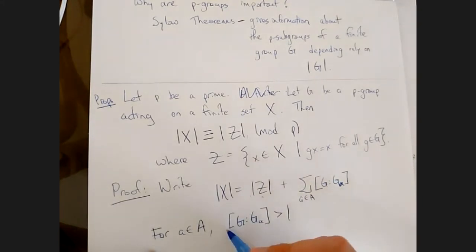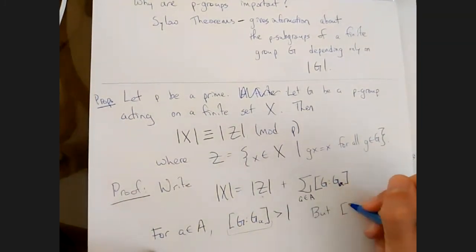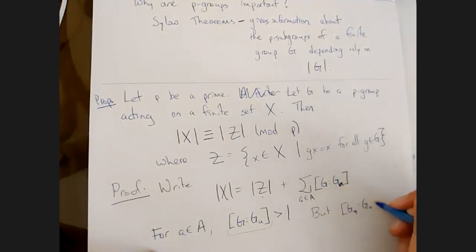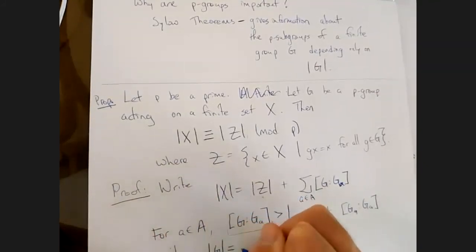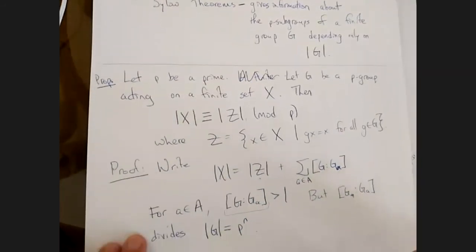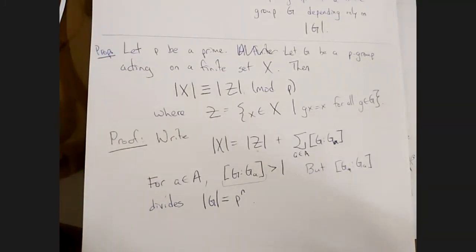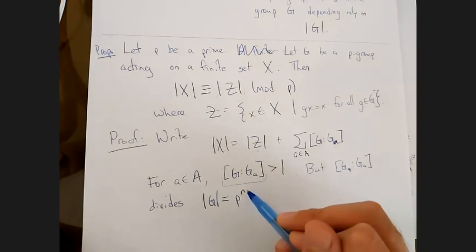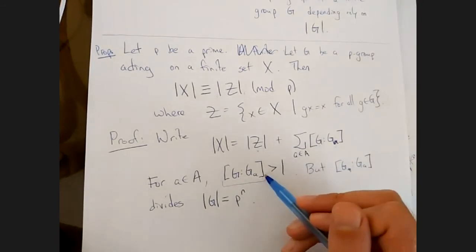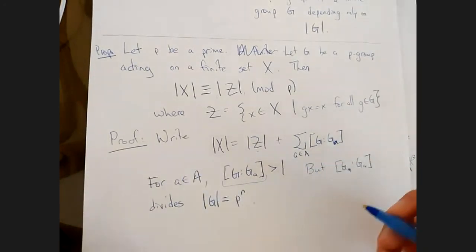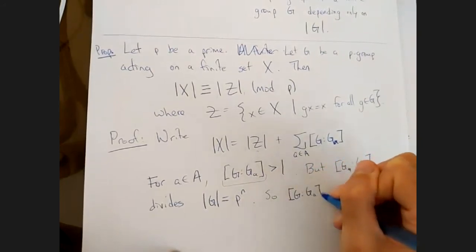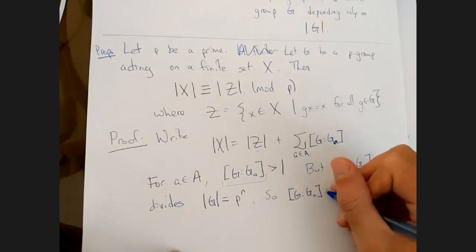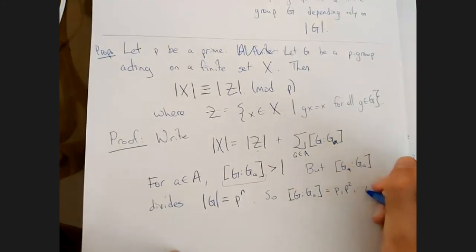But this is a divisor of the order of G. The index of G_A in G divides the order of G, and G is a P group, so the order of G is P to the N. So a number bigger than 1 divides P to the N. That just means that this number has to be either P, or P squared, or P cubed, or anything up to P to the N.